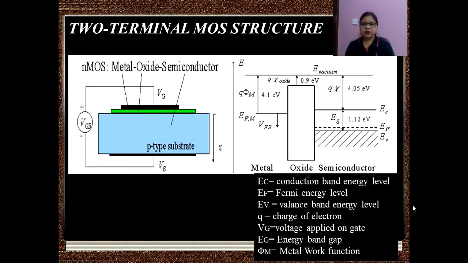When we talk of this MOS structure, it has three operating regions. One is known as accumulation, the other is depletion, and the third is inversion. The process is to form a conducting channel over here, so that when the MOSFET as a device is fabricated, it can start current conduction.